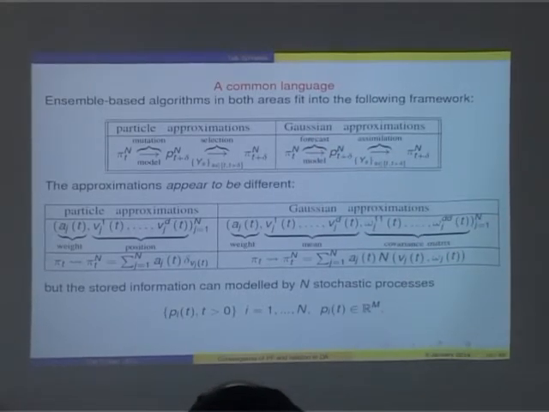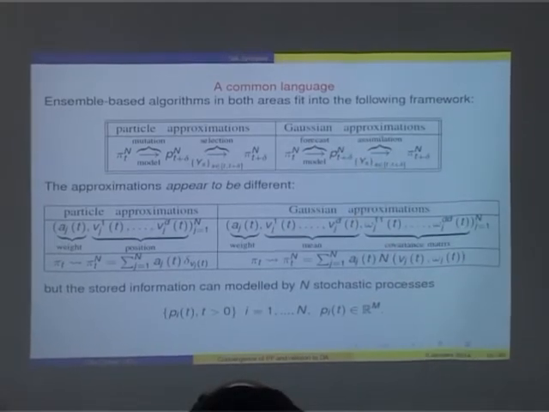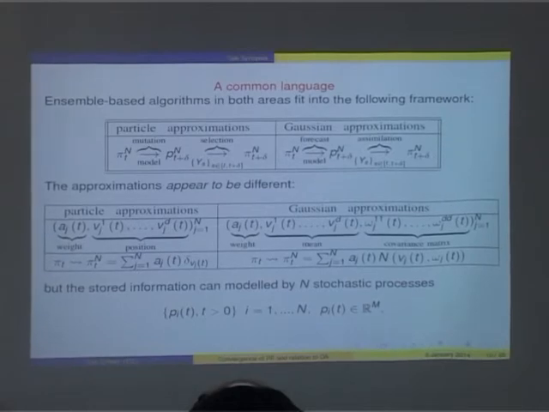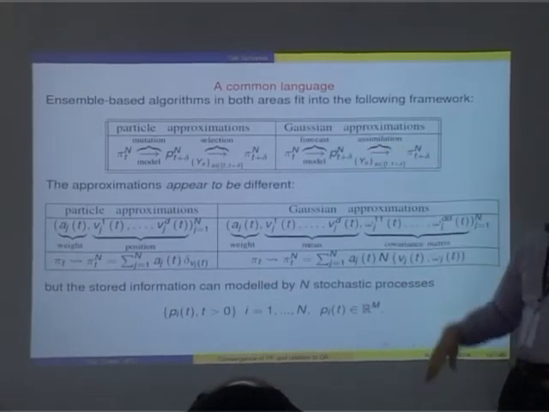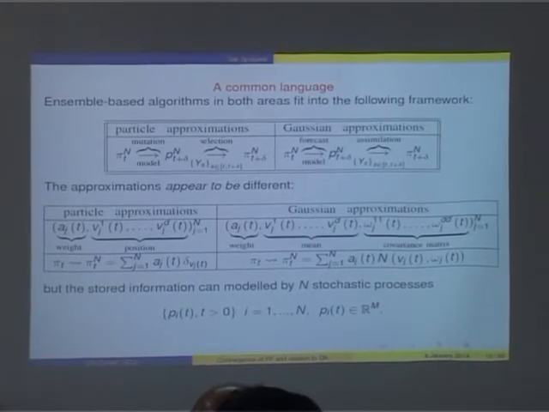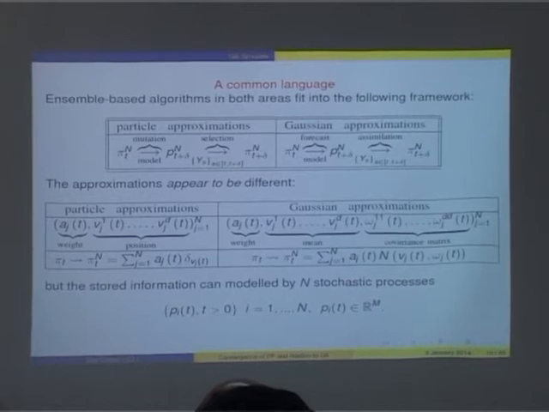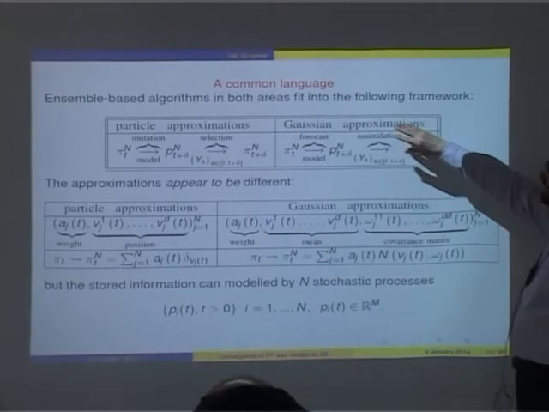The first step is called forecasting in data assimilation, as opposed to mutation, and you produce a new probability measure. Then you have the analysis step, where you incorporate the observation to produce the approximation at time t plus delta. So you can see there's a parallel between the two.